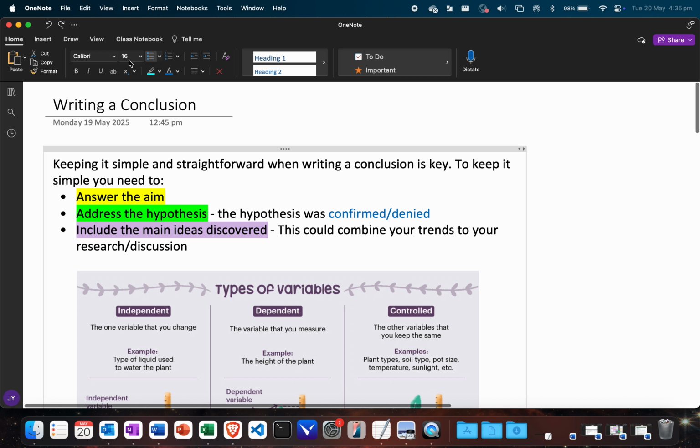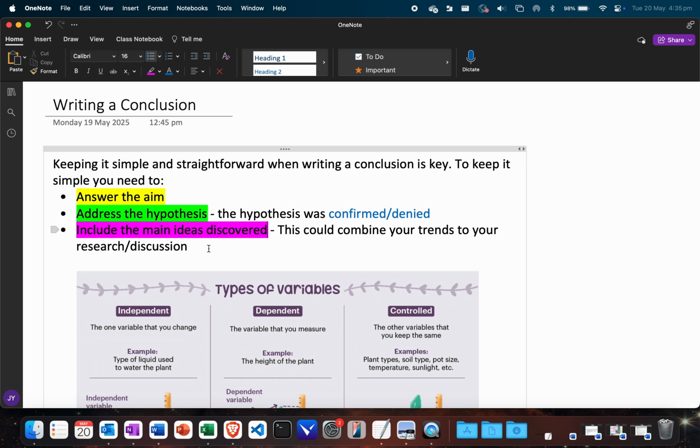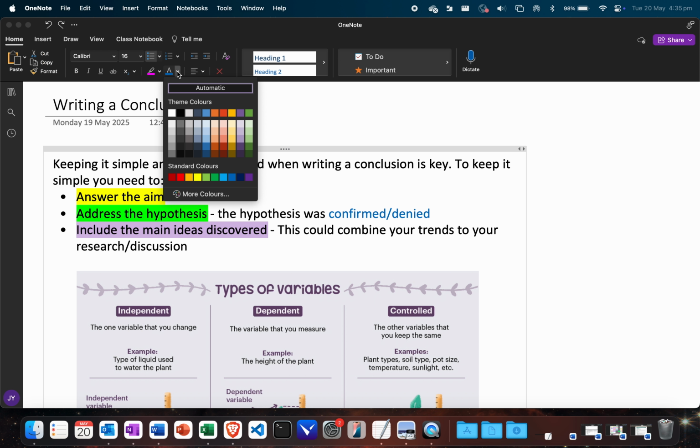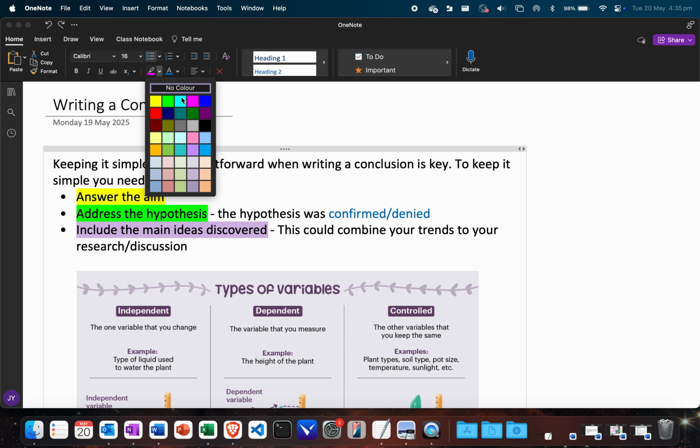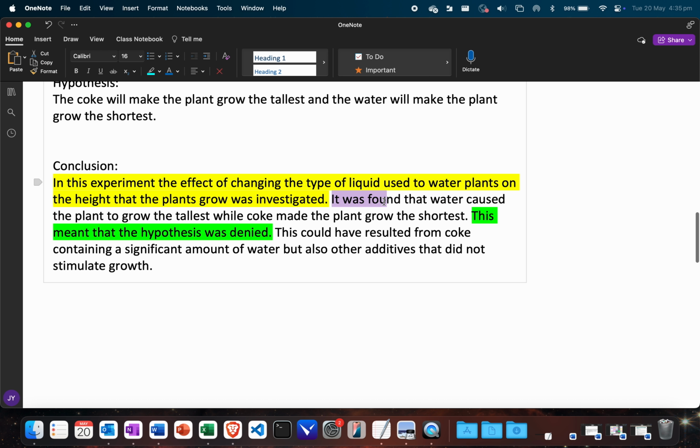Oh no, that's a bit hard to read. No, I think light blue is probably the way to go. Alright, there we go. So that was the main idea, and that was a main idea.